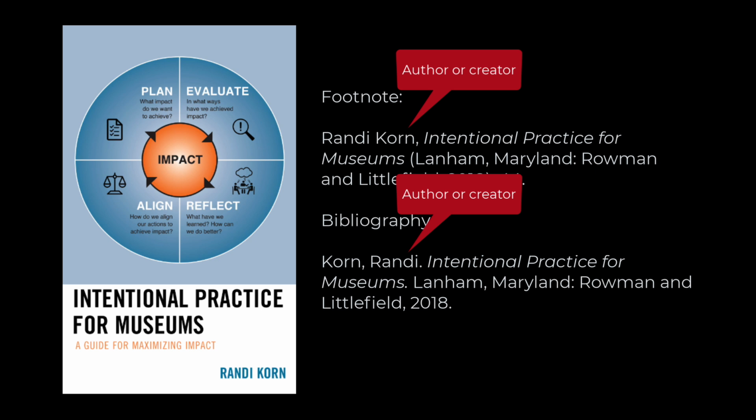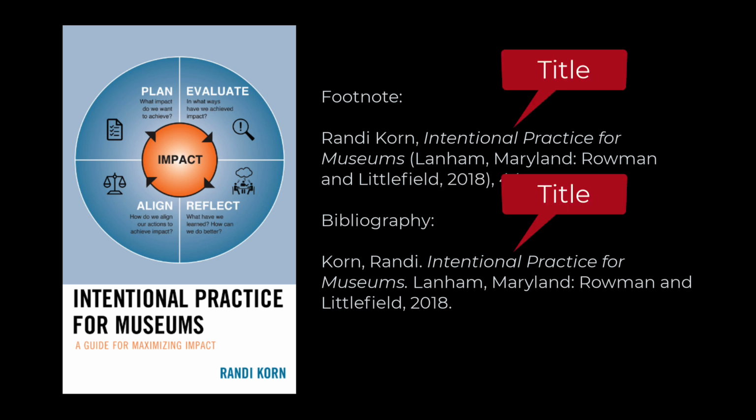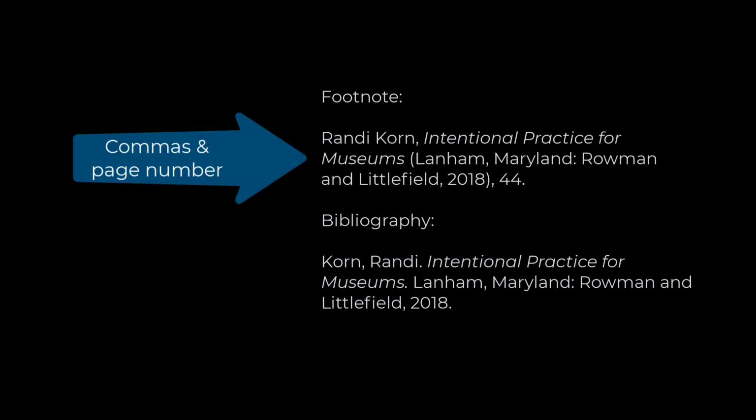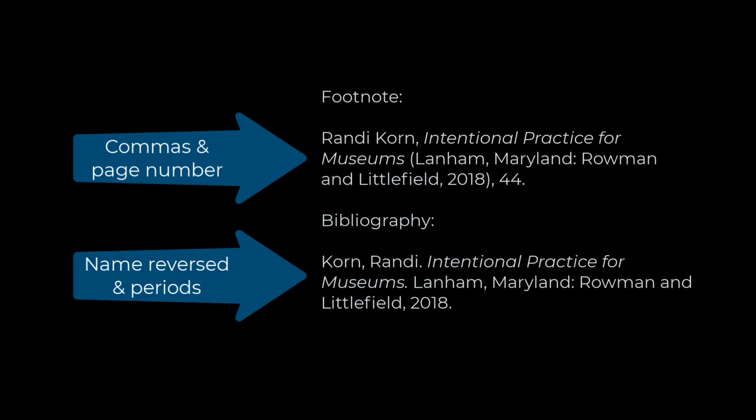First, the name of the author or creator, which can be a person or an organization. Second, the title. And third, the publication information. In a footnote, the parts are separated by commas, and there's a page number at the end. In a bibliography, the author's name is reversed because it's listed alphabetically, and the parts are now separated by periods.